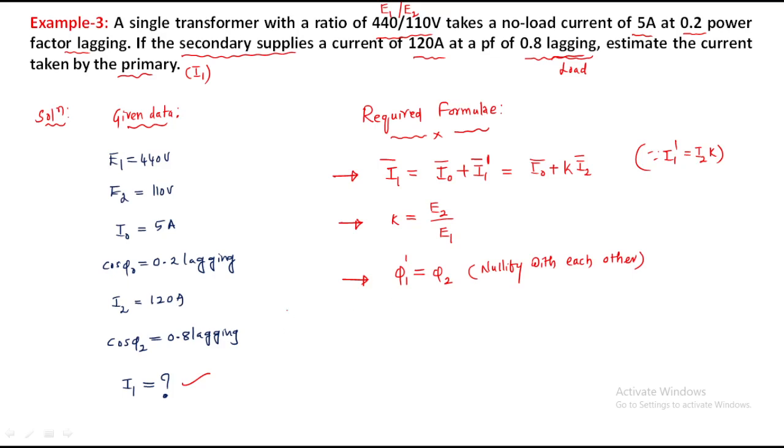Okay, let's calculate. First we have to calculate the load component of primary current, I1 dash, which equals K into I2.